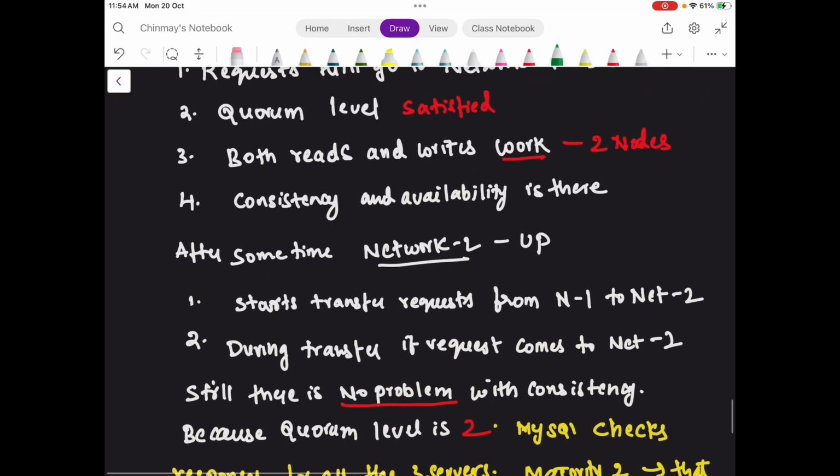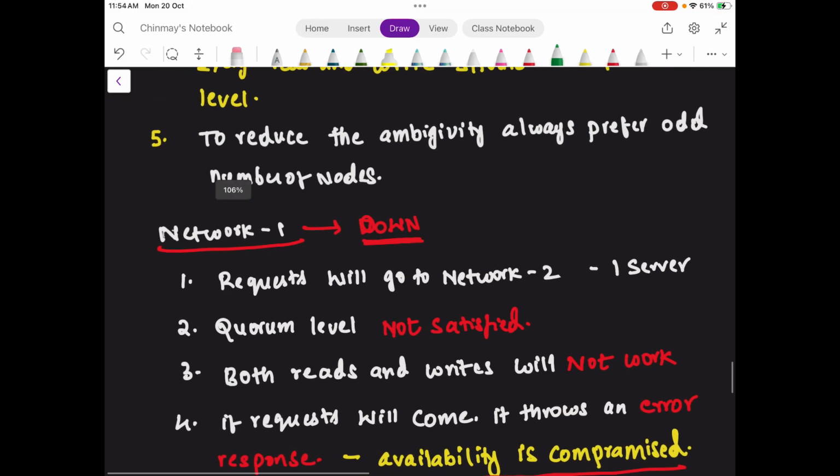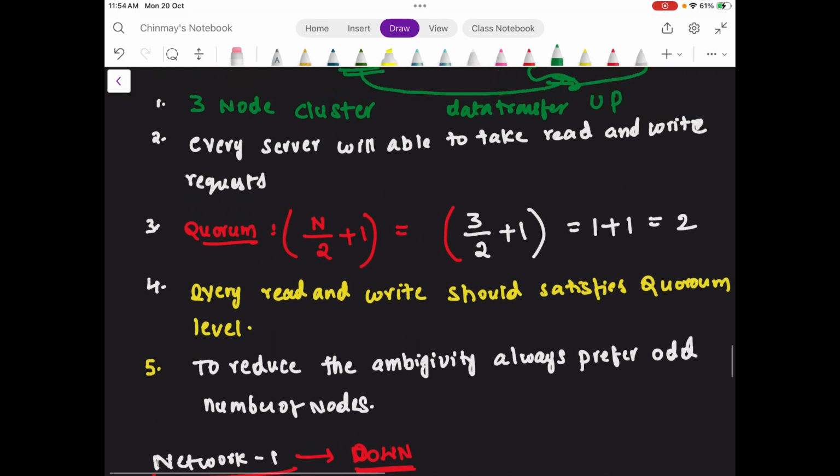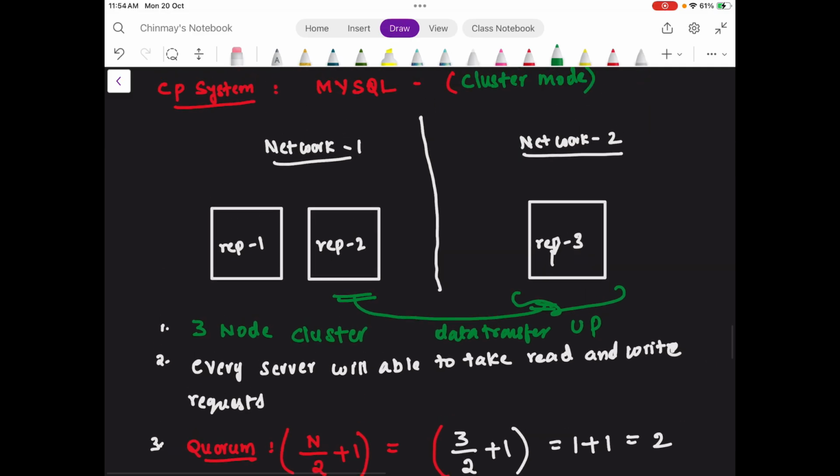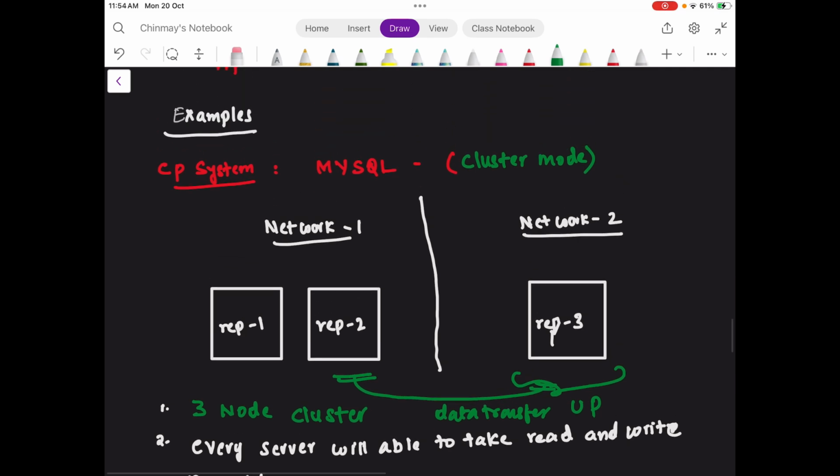But in this MySQL server, there is a compromise in availability when network 1 is down. That's why MySQL in cluster mode is always termed a CP system.